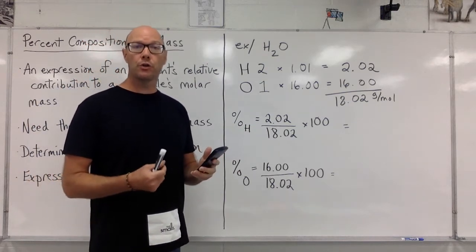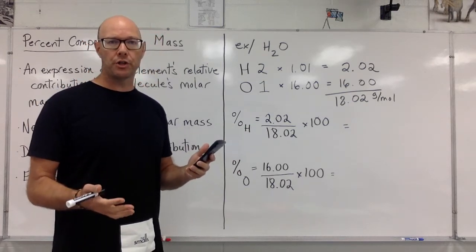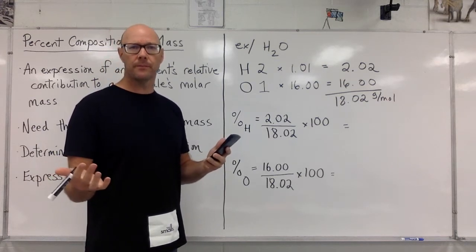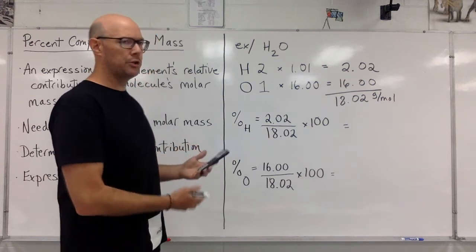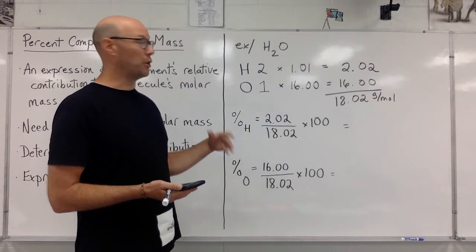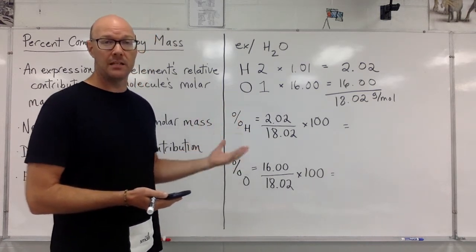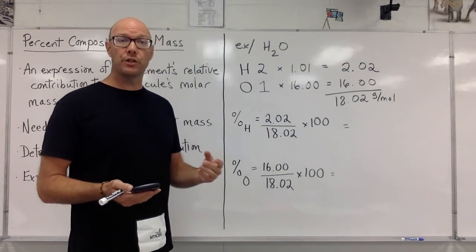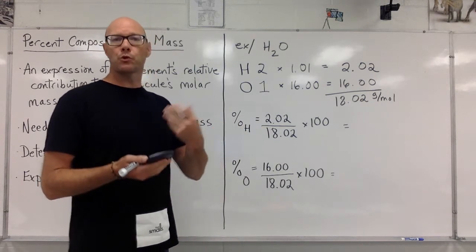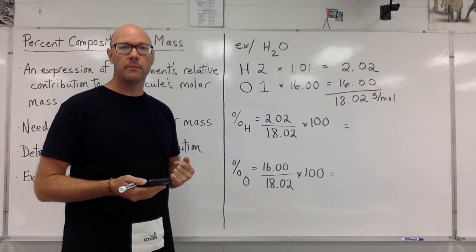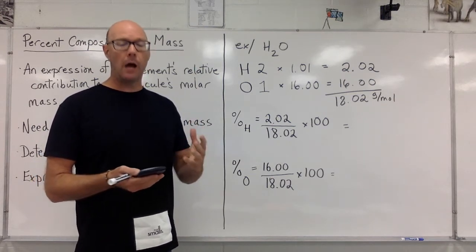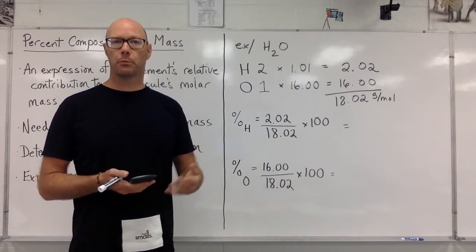I would encourage you to always round your percent compositions off to 2 decimal places. The significant digits are a little bit tricky because these are not measured values, so it almost makes the significant digits moot. Most questions will let you know, oh, please round it off to the nearest percent. However, if we're not told, I would encourage you to always take it to 2 decimal places.